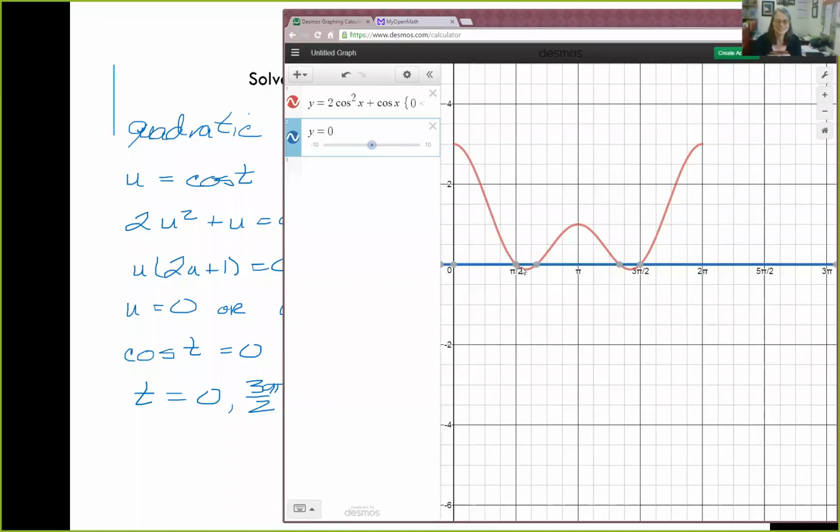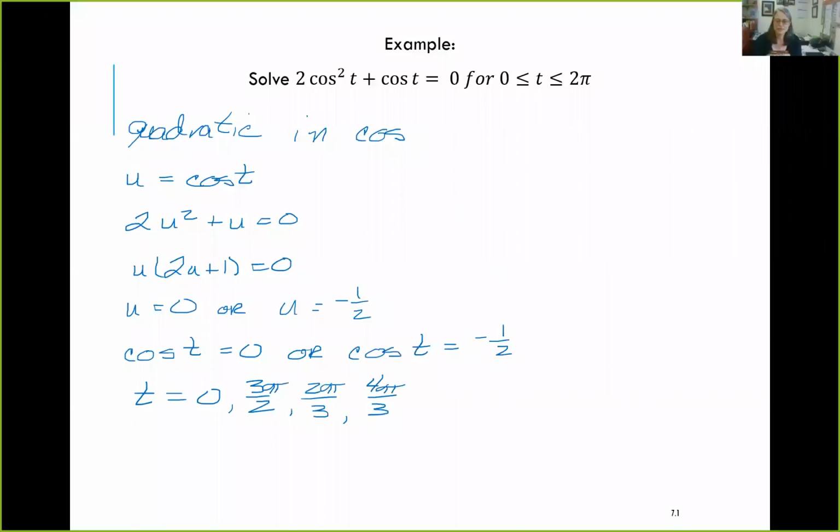What did I do when I solved this? What did I do? Who sees it? I read the wrong coordinates. So cosine of 0 does not equal... the angle is 0. Cosine equals 0 means that... oh yeah, I was right.